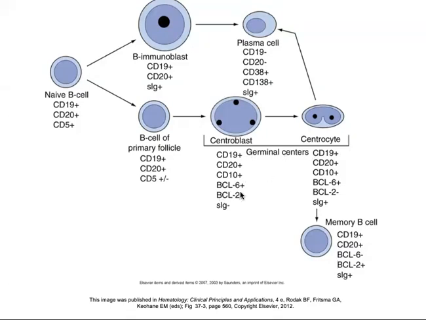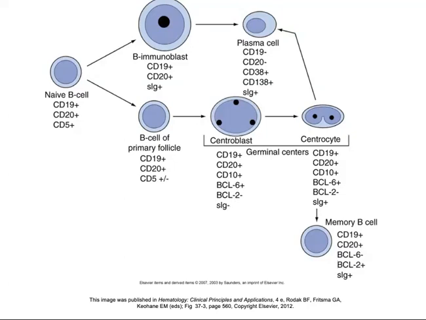So if you look at here, CD10 is here, that's a B cell marker. BCL6 is also a quote unquote germinal center marker of a B cell, but then they tend to lack BCL2.